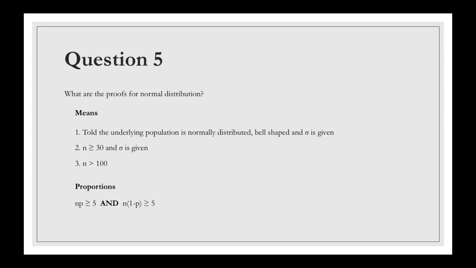So again, N is your sample size, P is your proportion. So those are your proofs. So anytime that you need to show a sampling distribution, or when you are working on hypothesis testing and you need to prove in order to use a z-score, you need to remember to include these, right? You need one of your three means or both of your proportion proofs.